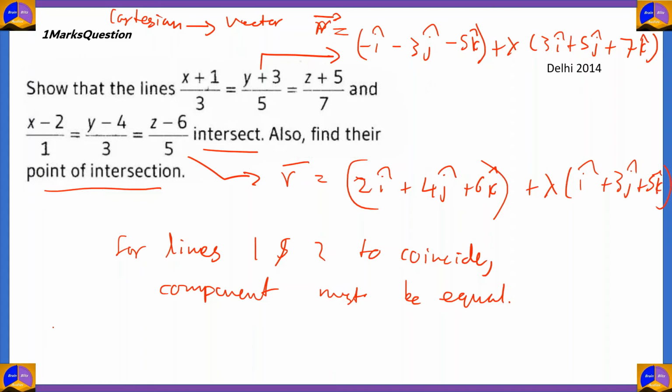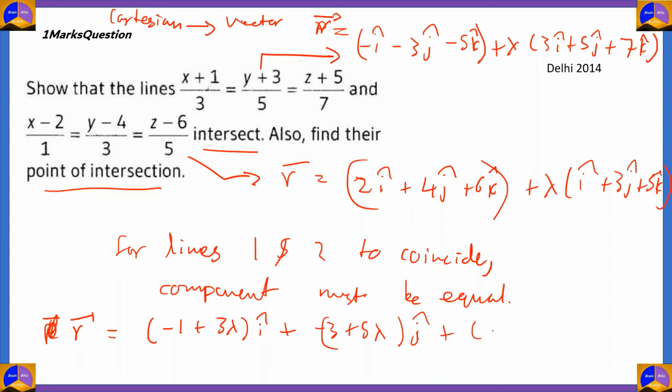Let's write them with their components. So it will be (-1 + 3 lambda) i cap plus (-3 + 5 lambda) j cap plus (-5 + 7 lambda) k cap for the first equation.